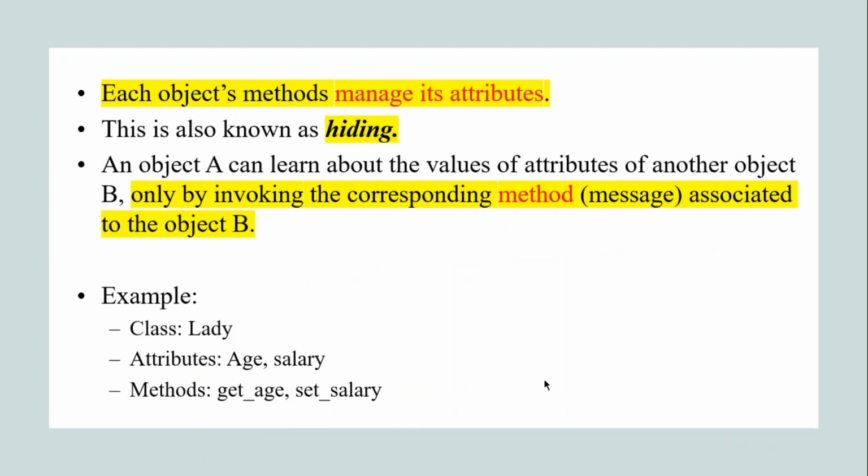So for an object to learn about the attributes of another object, it needs to invoke the method associated with the other object.